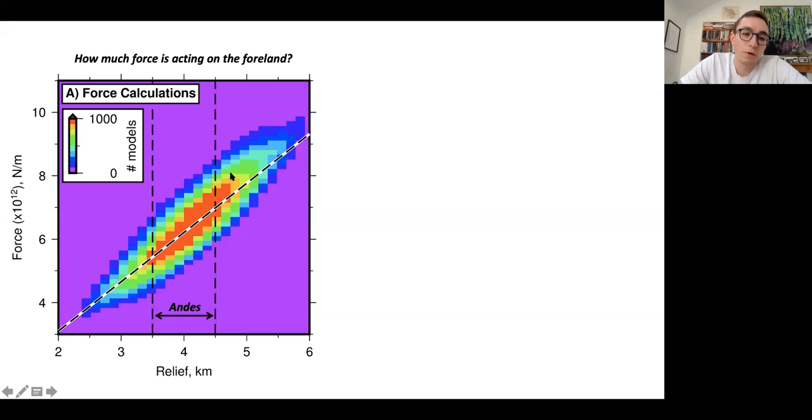The appropriate range of values that we find for the buoyancy force in the Andes is somewhere between about 4 and 8 teranewtons per meter along strike. And this per meter along strike is because we're treating it in two-dimensional cross-section. So this is an upper bound on the size of the horizontal force acting through the fallen lithosphere.